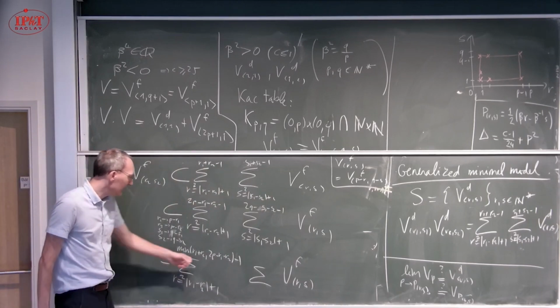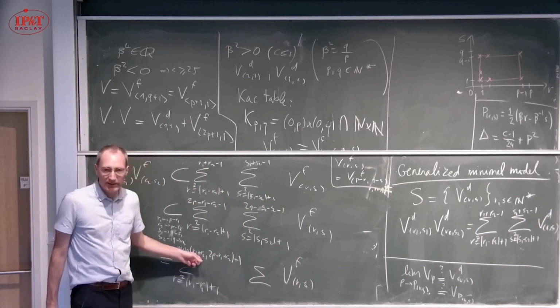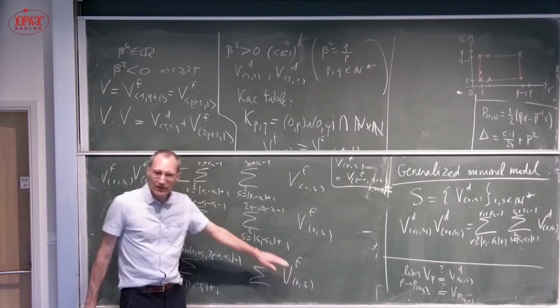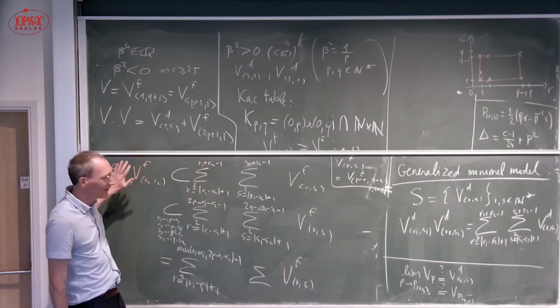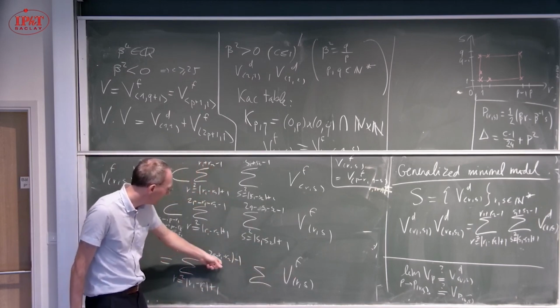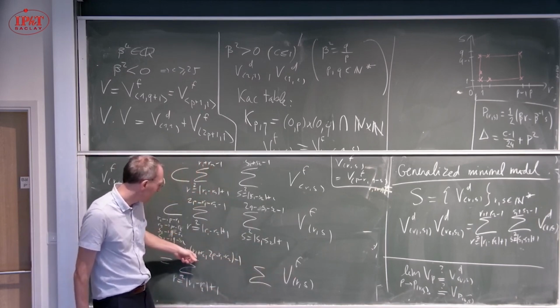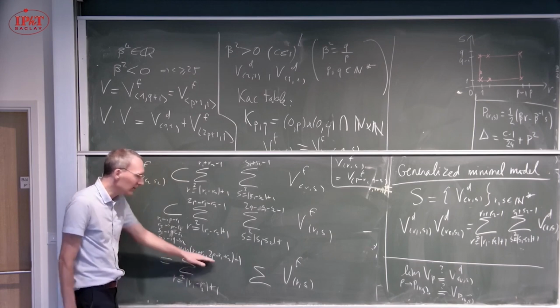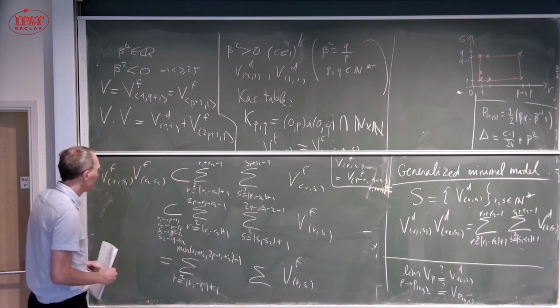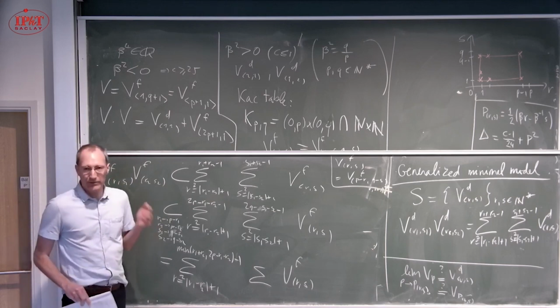Now the nice thing of having a mean here is that you get only fields in the Kac table if you started inside the Kac table, because this R now runs until this number, but this number has to be at most P. So the Kac table itself is stable under fusion.